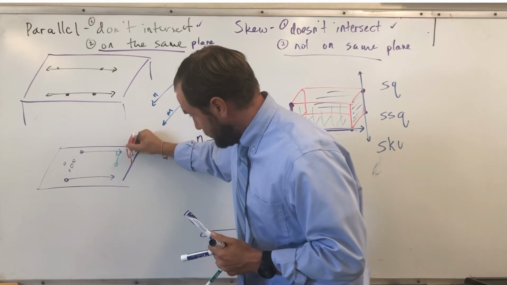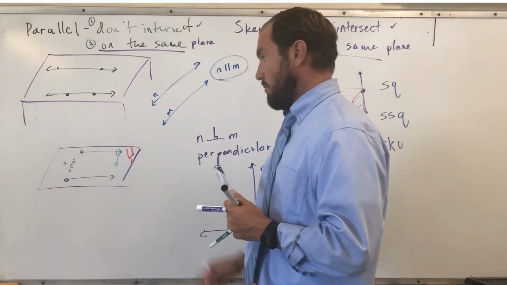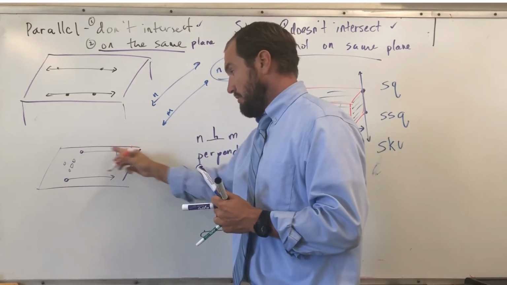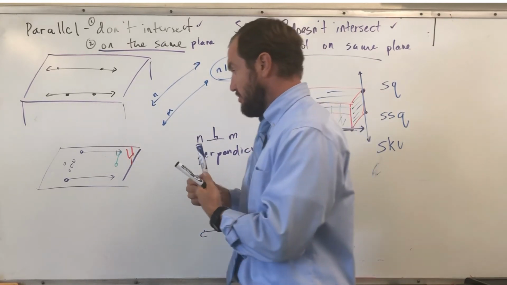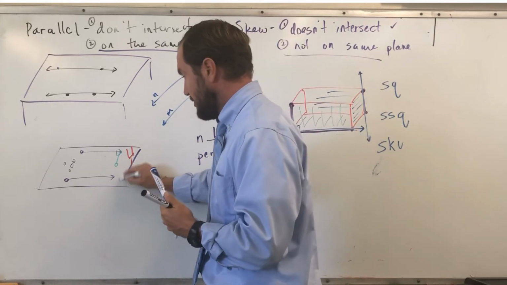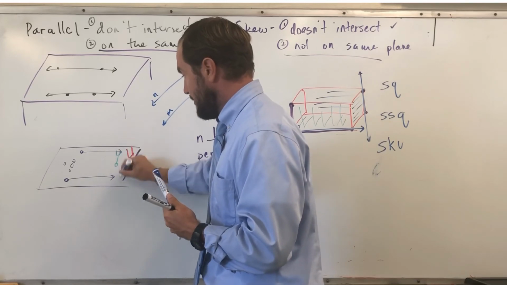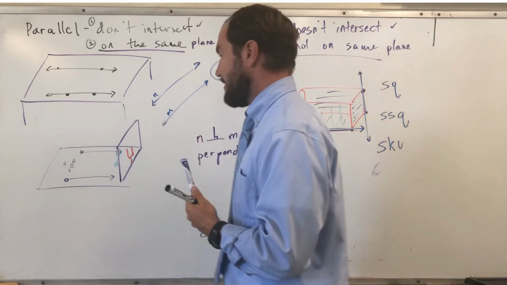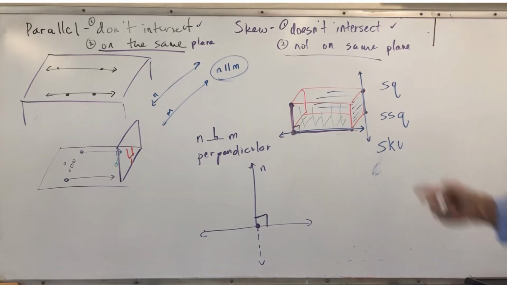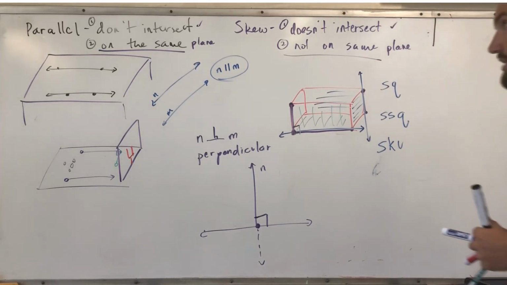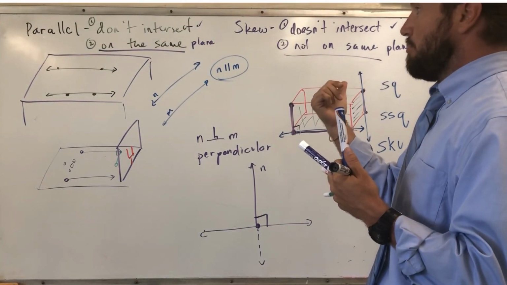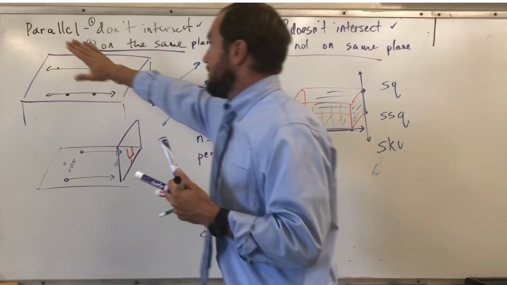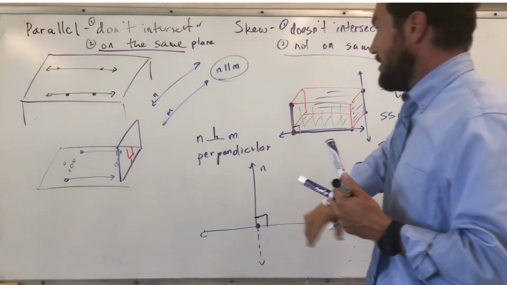This field goal post does not intersect with the route, although they're on a different plane, so we would say they're skew because really this field goal post is kind of part of this plane over here, right? They're on a different plane. So you could say the field goal post is skew to the receiver routes. And that's collinear, non-collinear, coplanar, non-coplanar, and the idea of parallel, skew, and perpendicular.